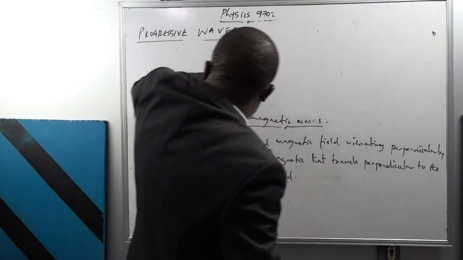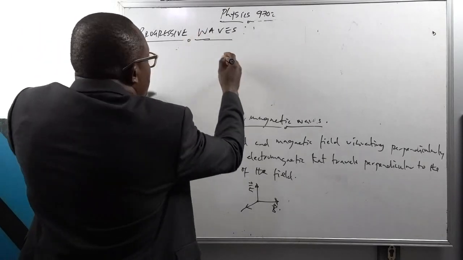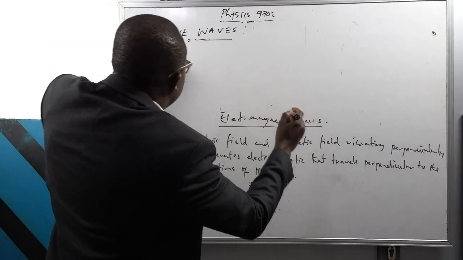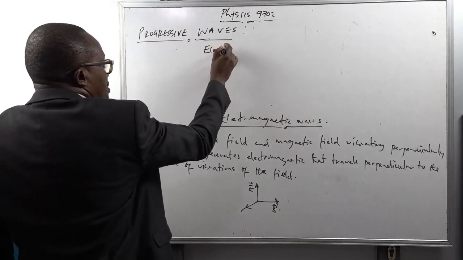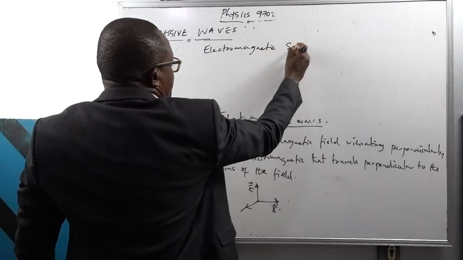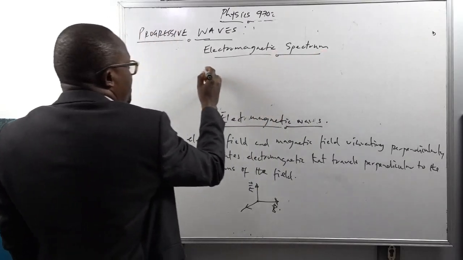Electromagnetic spectrum. What are the waves that make up the electromagnetic spectrum? So the electromagnetic spectrum consists of the following.